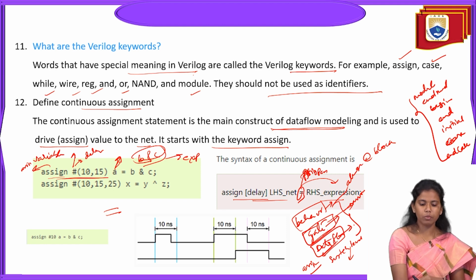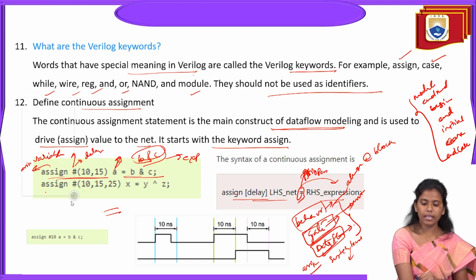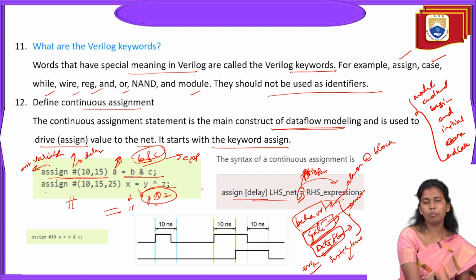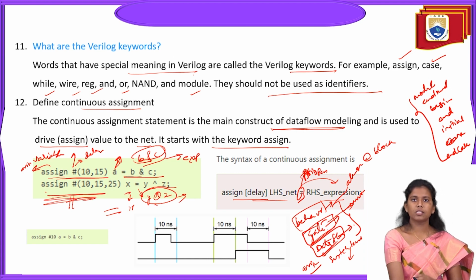If you observe the second one, assign with the delay 10, 15 and 25, X is the input, Y or Z, Y X nor Z. To the right of the assignment operator I represent the expression, and to the left I write the variables and the delay. This is how the continuous assignment goes on.